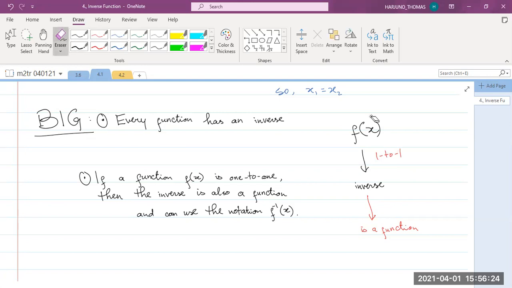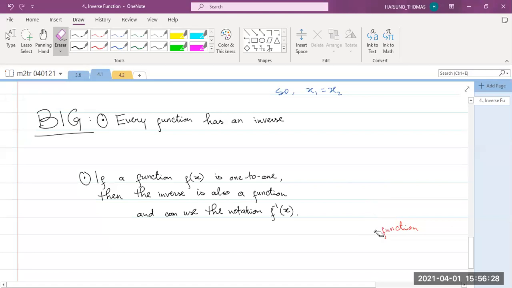Now, let me show you an example. If you have not watched my lecture video, then it could be confusing for you. So let me show you this function. Let f(x) equal, let's say, x squared minus 1. Now, this function is definitely not one-to-one because it doesn't satisfy the horizontal line test.